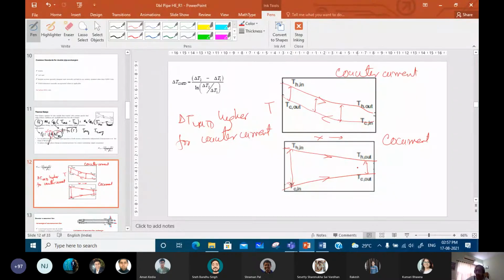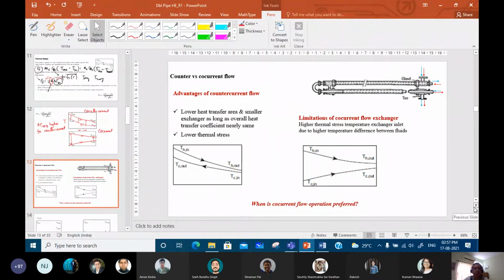This is also one very important aspect from the designer's point of view, right? So this also you need to consider. It's not only the lower heat transfer area or the smaller exchanger, but the other important thing is the lower thermal stresses.